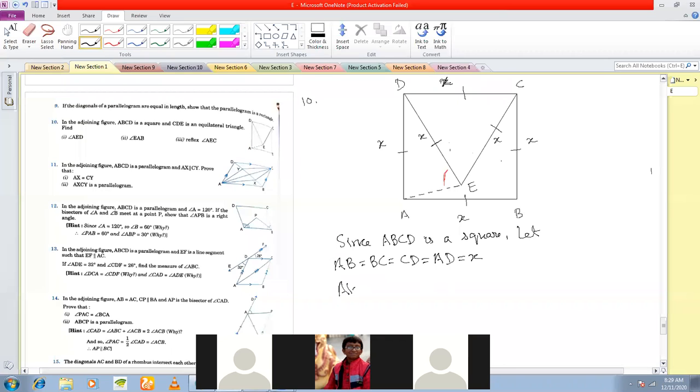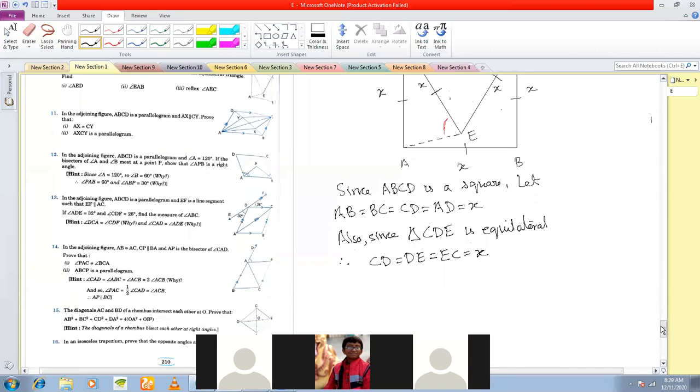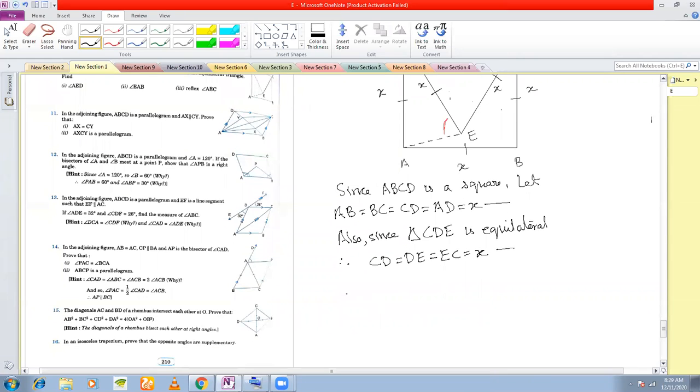Also, since triangle CDE is equilateral, therefore CD is equal to DE is equal to EC is equal to x, right? So therefore, if I combine these two, what are we getting? AB is equal to BC equal to CD equal to AD equal to DE equal to EC.